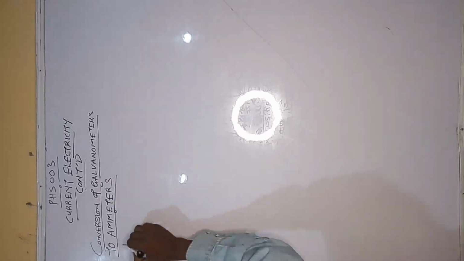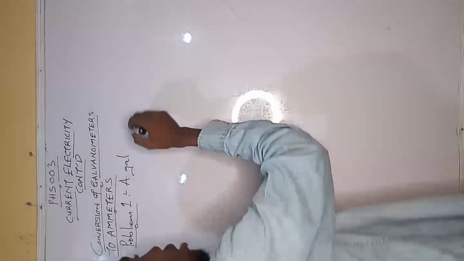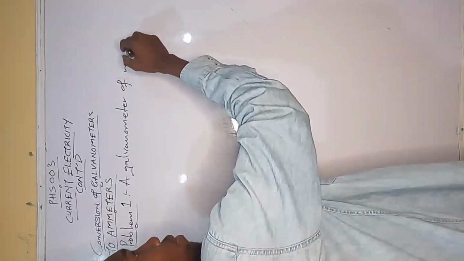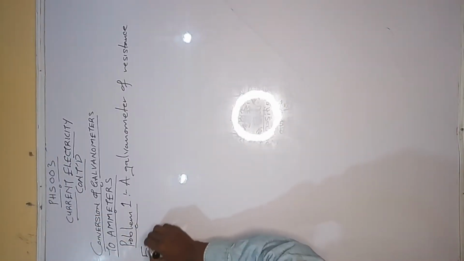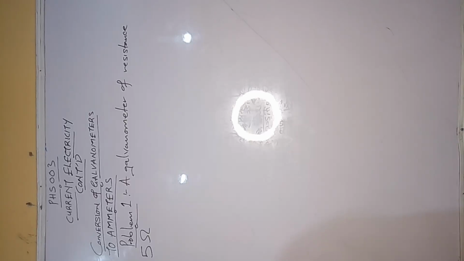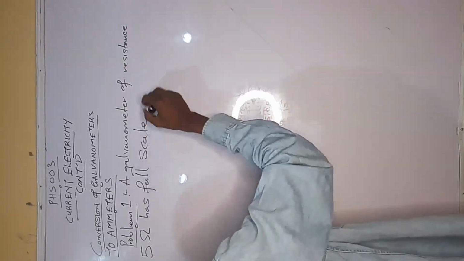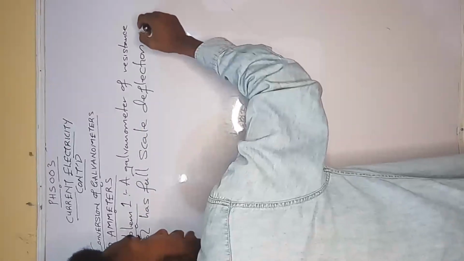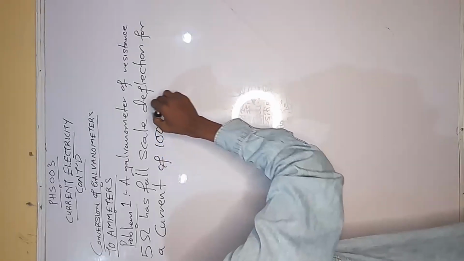So this question says, a galvanometer of resistance 5 ohms has full scale deflection for a current of 100 milliamp.